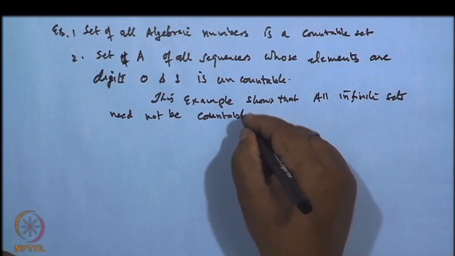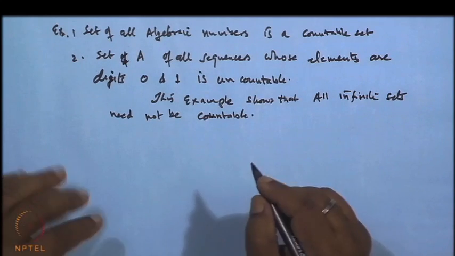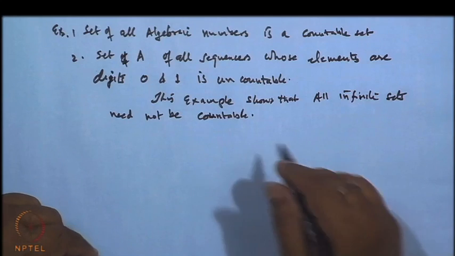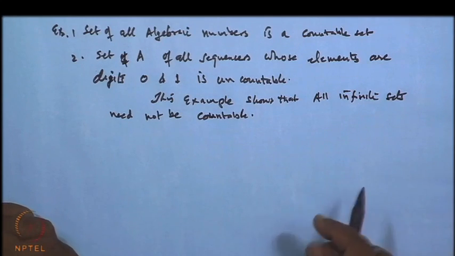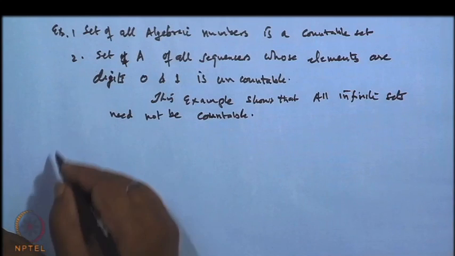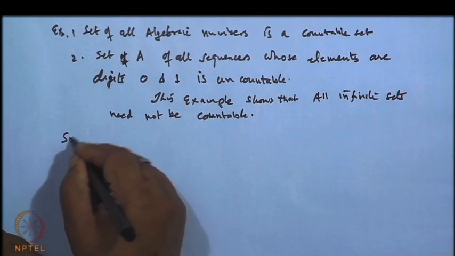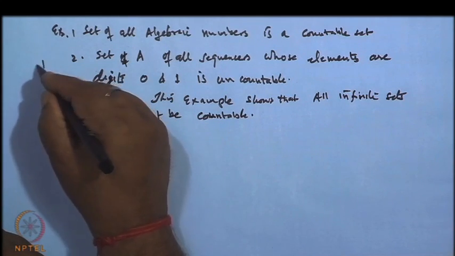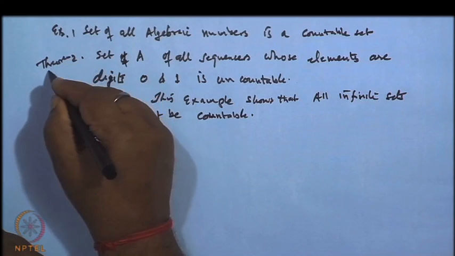In fact, we will show that the set of real numbers is not countable. The set of rationals is countable, but the set of irrationals becomes an uncountable set. So, let us see the result, which is formed in the form of a theorem. All this you can also say in the form of a theorem.